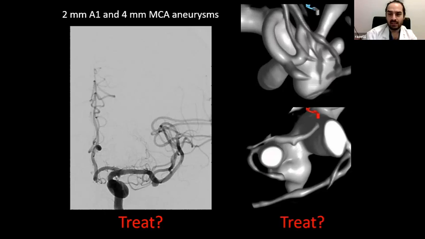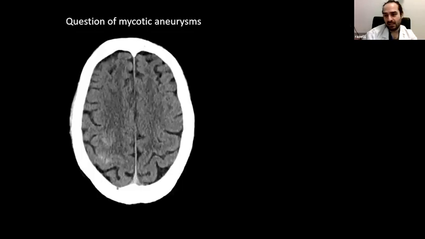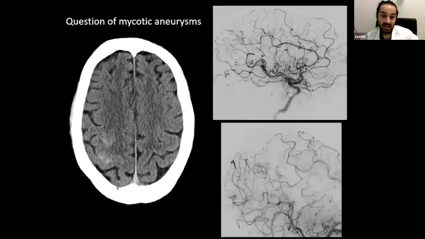Other examples. Patient comes in with a little cortical subarachnoid hemorrhage, very focal. Is there a mycotic aneurysm? Yes or no? Patient has endocarditis, and we do an angiogram, try a 2D angiography, try to understand. Well, really, there's nothing obvious that shows up on the 2D.